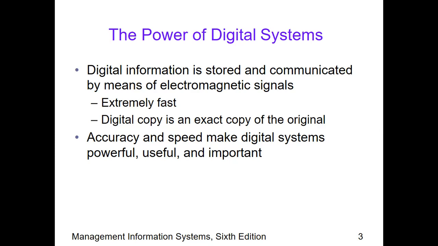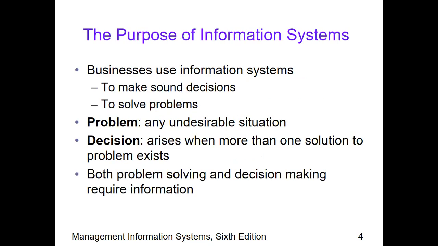By being able to transfer information faster, the people involved can also make their decisions faster, as compared with traditional times where information had to be transferred physically. The purpose of information systems, of course, is to help businesses as well as key managers make sound decisions and solve problems in the company, a problem meaning any undesirable situation.